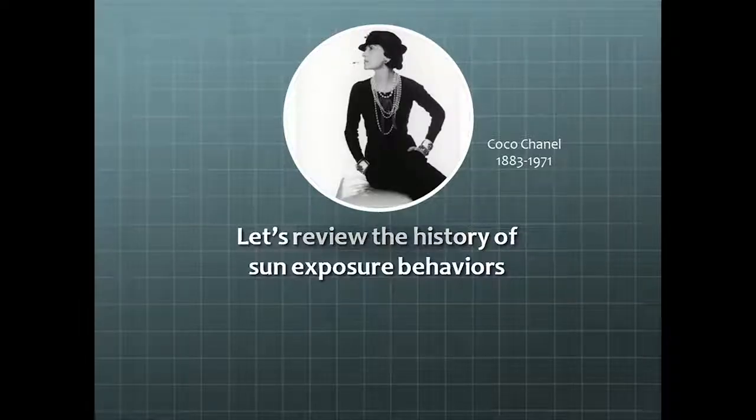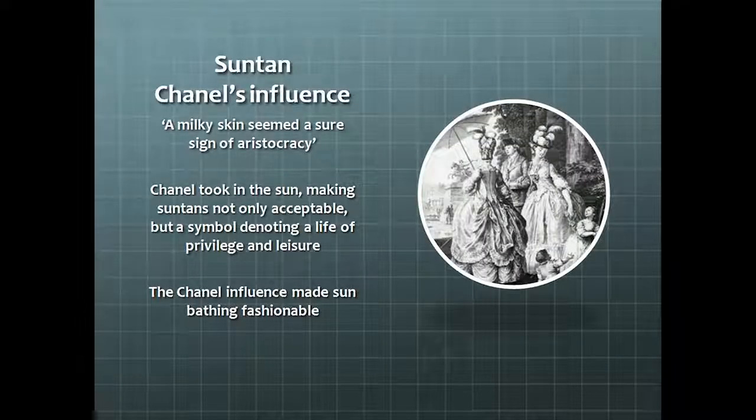I'm going to briefly go over our sun exposure behavior over the past century or two. It's thought that our sun exposure behavior changed in the 1920s and 30s, and Coco Chanel, a French designer, had significant influence on our behavior.